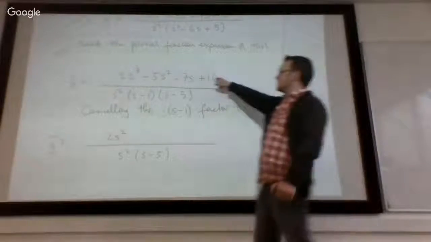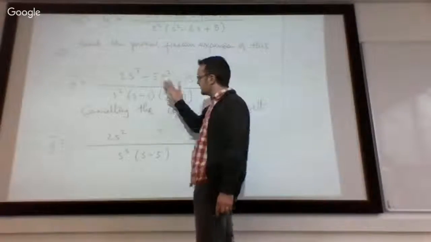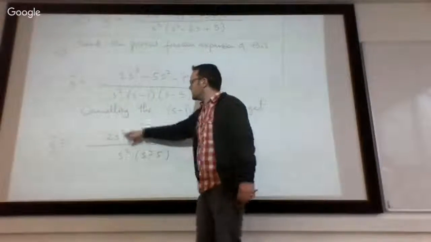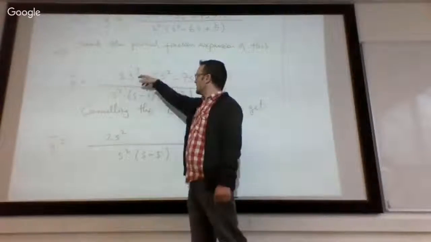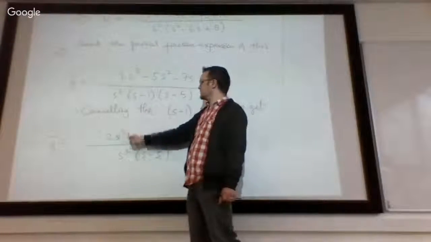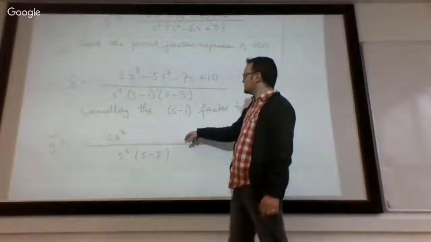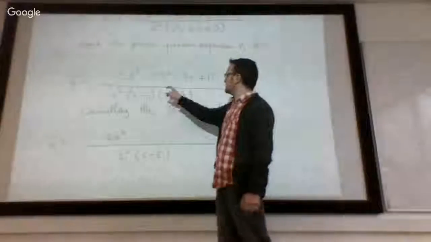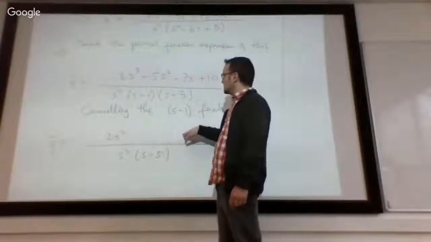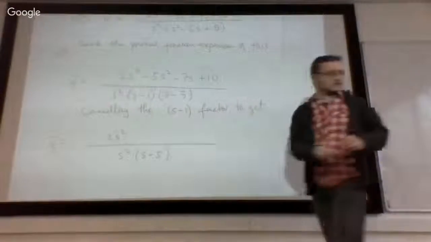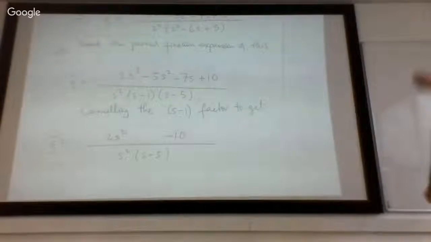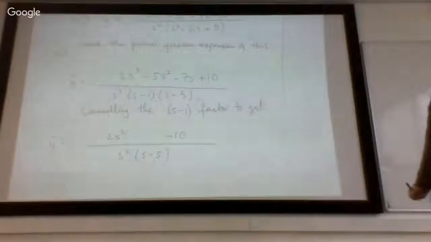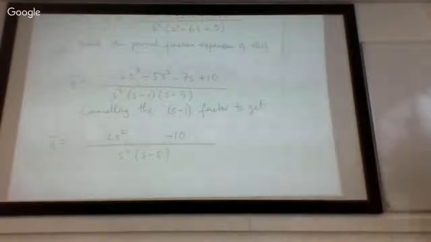So we're dividing this top polynomial by s minus 1. I'm doing that quickly by thinking of the quadratic I need to have, so that when you multiply it by s minus 1, you get back to that. So I'll need a leading term of 2s squared. And the constant term you can write down straight away. Well, if I multiply this constant term here by minus 1, I have to get plus 10. So that means the constant term has to be minus 10. And then you just need to solve a couple of linear equations to figure out what the s term should be.